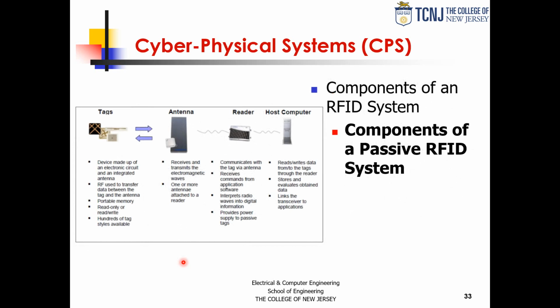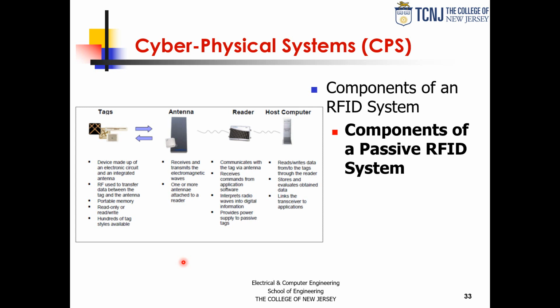So this is a summary of the systems. You have tags, antennas on the tag, the reader antennas and the reader, and then you have the host computer. To summarize, the tag stores information, relays information, receives information and stores it if it's a read memory, and manages or harvests the energy to make the transaction possible.